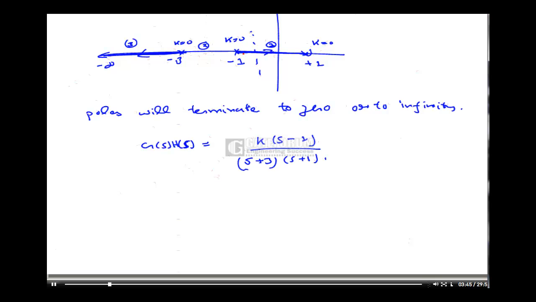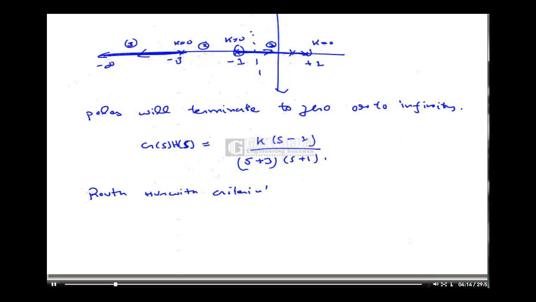If I want to find the intersection of the pole with the j omega axis, I can use the Routh-Hurwitz criteria, because up till here for k equal to 0, this system is a stable system because the poles are lying on the left hand side of the j omega axis. But at some value of k, this pole will lie here.